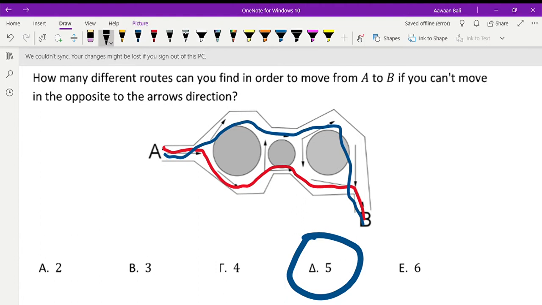However, now we can make a merge between both roads. Like, let's say we do this. That also works. And let's say we do this. That also works. We have 4. And the last final path is that we can do this.